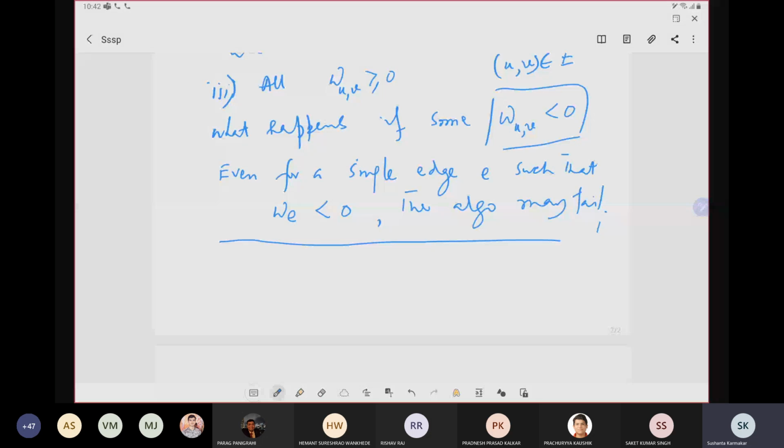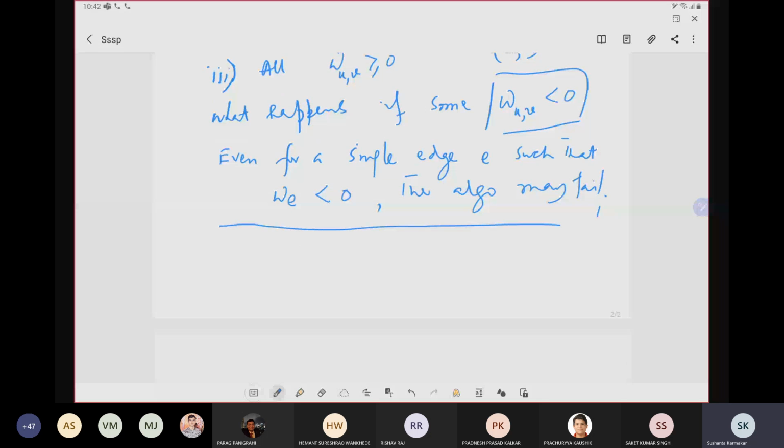Now, a natural question is, if one such edge has a negative weight and Dijkstra's fails, then what is the solution? I will just name the solution, but I will not explore it here because that is something in a different algorithm design paradigm known as dynamic programming. When we deal with that, we will solve it.